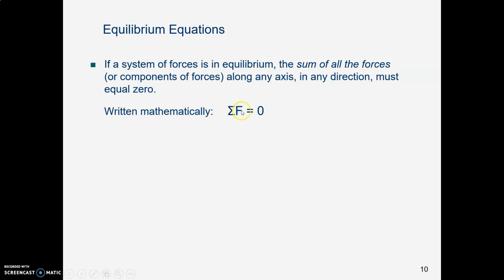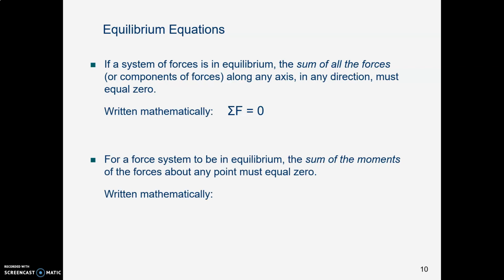And this zigzaggy thing is the Greek letter sigma, that's a capital sigma, and it stands for sum of. Also, if it's in equilibrium, the sum of all the moments have to equal 0. And you can write that formula like this. The sum of all moments equals 0.